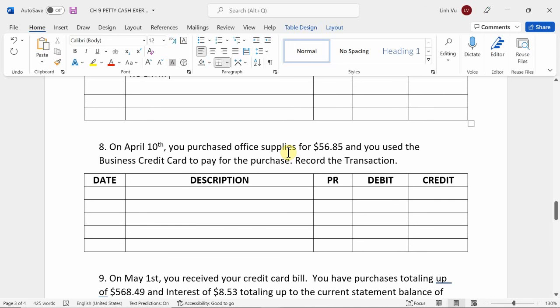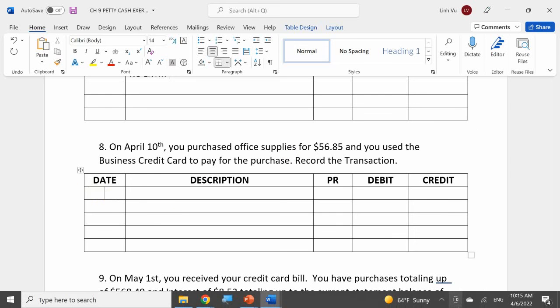Number 8, on April 10th, you purchased office supplies for $56 and you used the business credit card to pay for the purchase. Record this transaction. Office supplies.